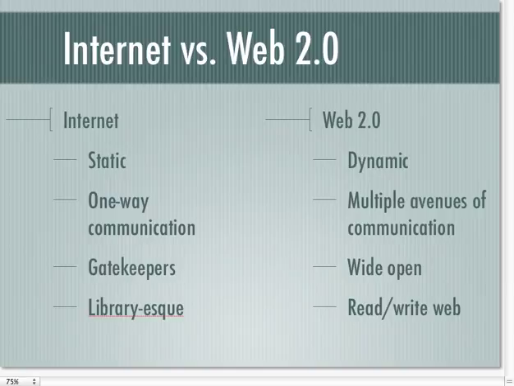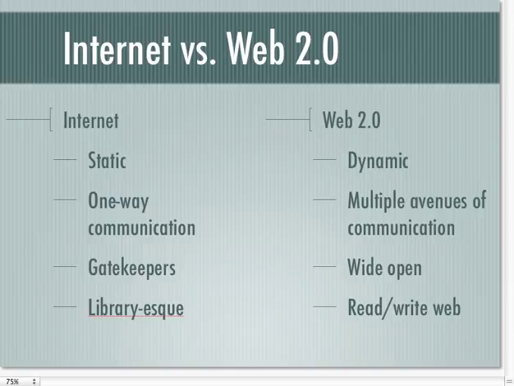Think of the Internet as static, one-way communication. Information is put up onto, quote-unquote, the Internet, and it is consumed by everybody else who's sitting at their computers. There are not many gatekeepers who control the number of posts and web pages and what goes where, and they keep a pretty tight rein on who gets to make those distinctions.